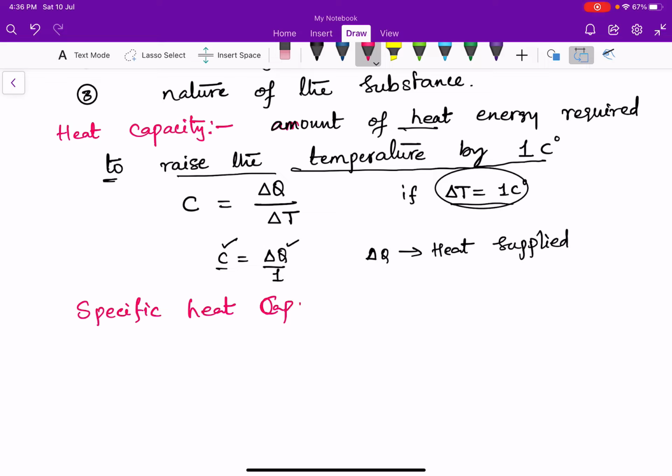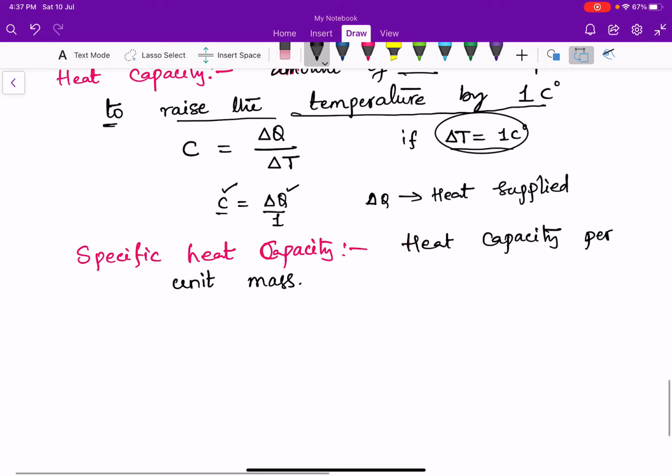So the definition of specific heat capacity would be like this. Heat capacity per unit mass. That is, I am fixing the mass to unit mass, that means either 1 gram or 1 kg.